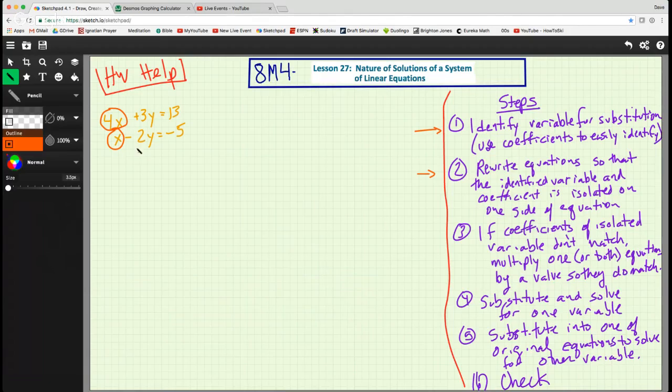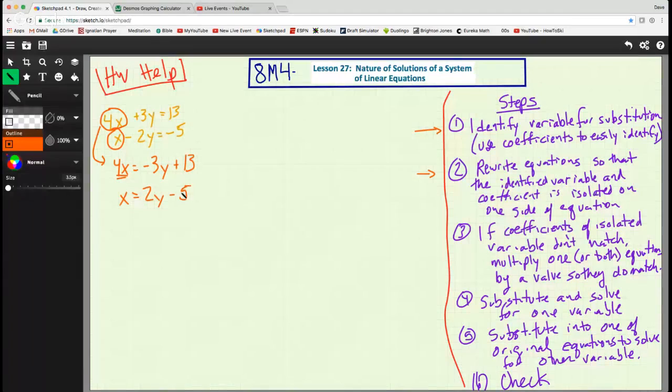So this first one, I'm going to say, well, 4x equals negative 3y plus 13. So I'm solving it for my x. On the second one, I'm going to get x equals 2y minus 5. So now I've solved both of them for x.